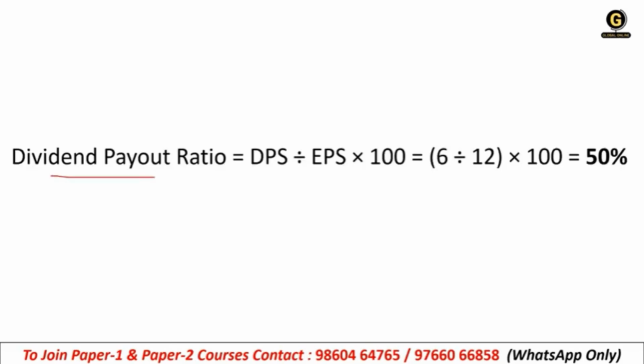Dividend payout ratio is DPS divided by EPS into 100. We have DPS 6 and EPS 10 into 100. When we do this, we have 50% DPR.